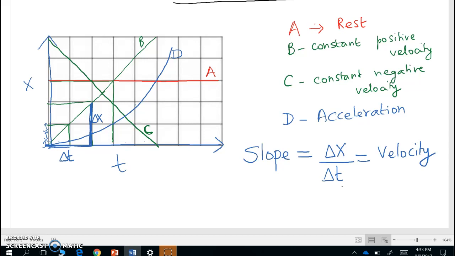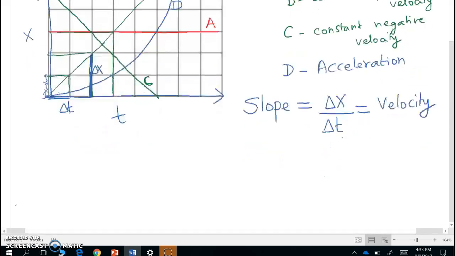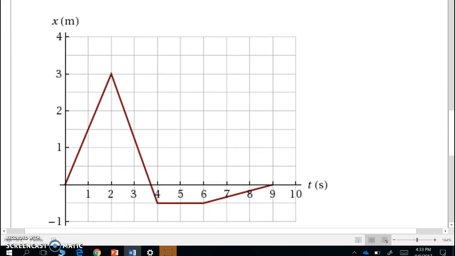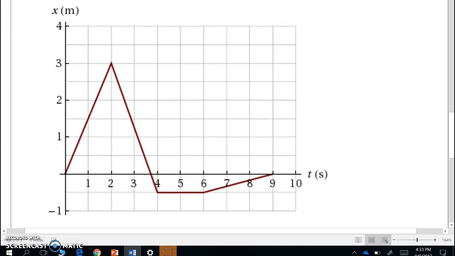So let us see if we can use this information and interpret a position time graph. So here is a position time graph. As you can see, the object is not having the same type of motion all the 9 seconds. In the first 2 seconds, it is moving at a constant speed in the positive direction.